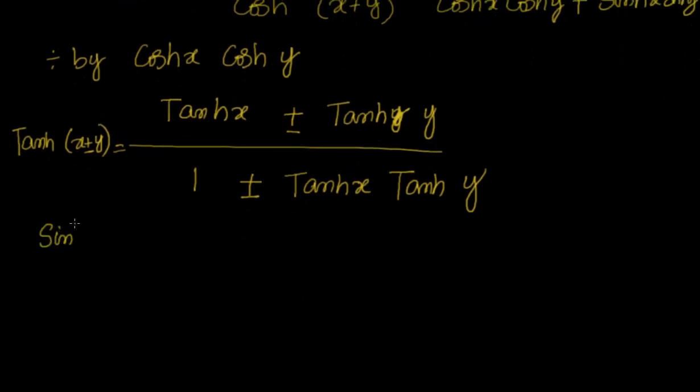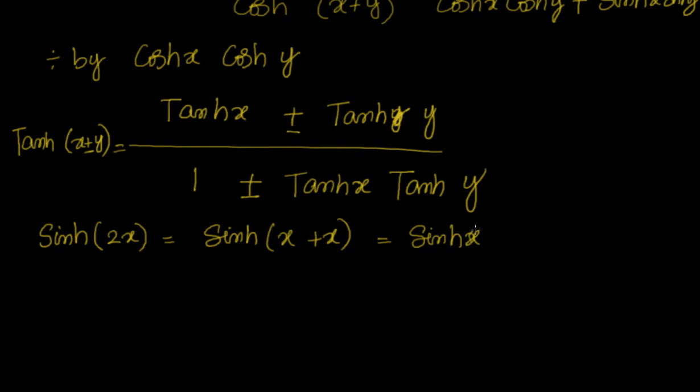What is sinh of 2x? That's nothing but sinh of x plus x, where we have taken y as x. Now what is the formula here? Sinh x cosh y, cosh y is nothing but cosh x again, plus cosh x sinh y, again y equal to x.